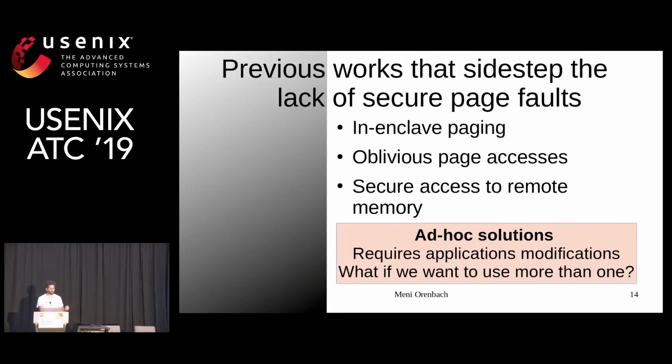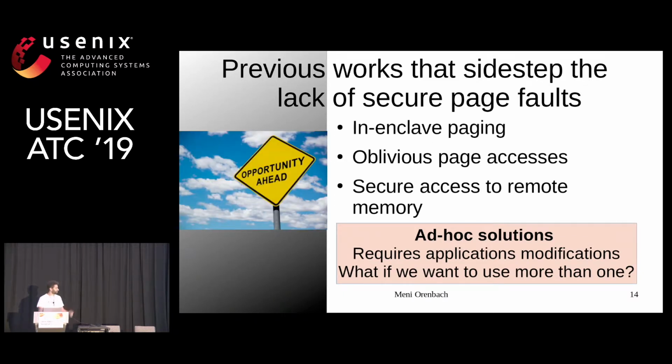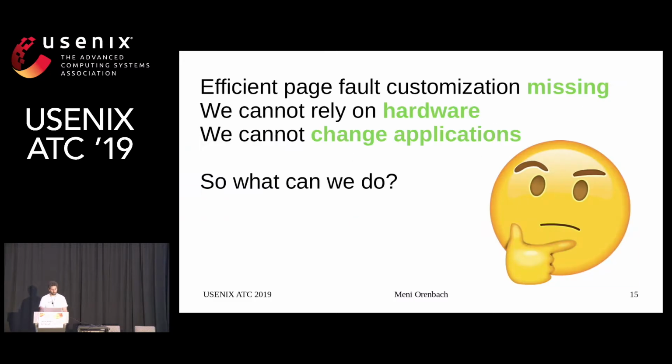Previous work sidestepped this lack of a secure page fault handler to create in-enclave paging support, oblivious page accesses, secure access to remote memory, and many other things. These were all ad hoc solutions that required modification to the application to support them. And the question that arises is, what if we want to add more than one to the applications? We could use a customized and efficient page fault handler, and we have an opportunity in our hands if we would be able to do that.